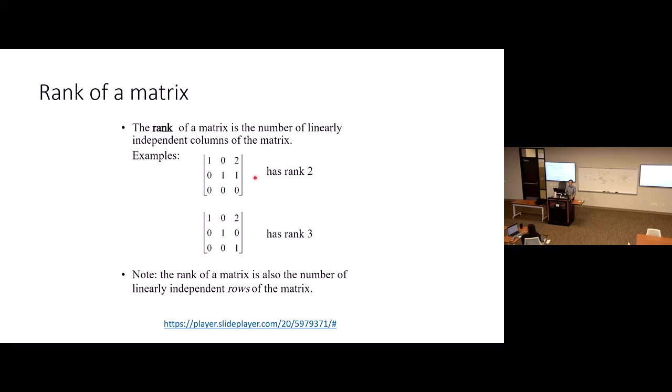So these 3 are not independent. You only need the first 2 in order to generate all of them. Well, you cannot do this for this particular matrix. So this matrix has a rank of 3. So each of these vectors is independent of the others.